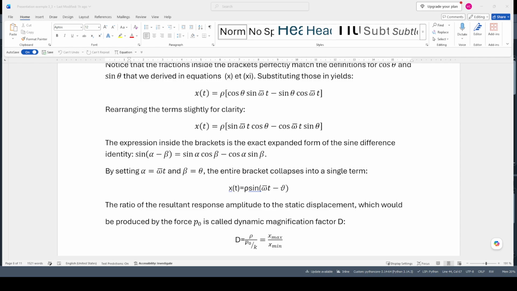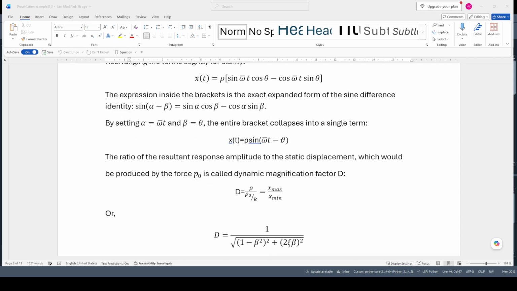So we can write finally x(t) is equal to rho times sine of omega bar t minus theta. The ratio of the resultant response amplitude to the static displacement produced by the force P0 is called the Dynamic Magnification Factor.